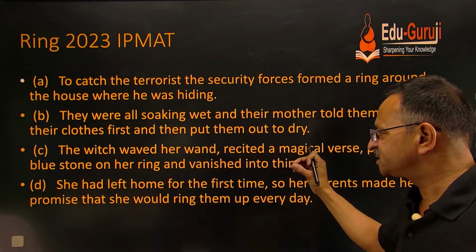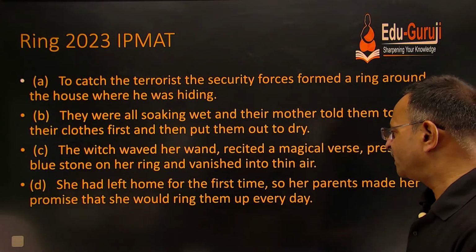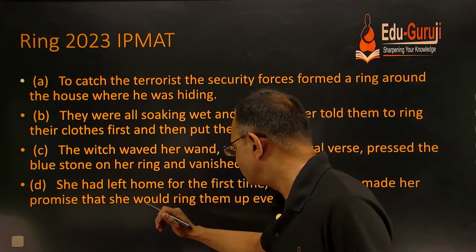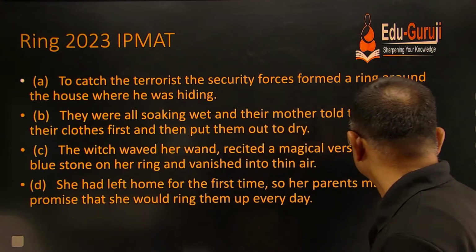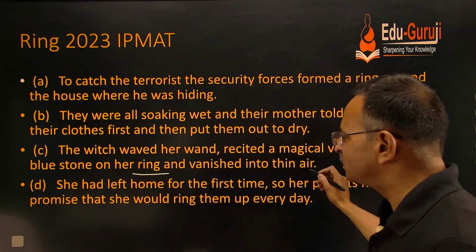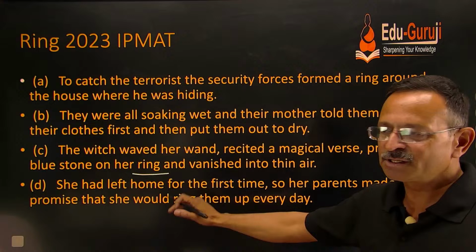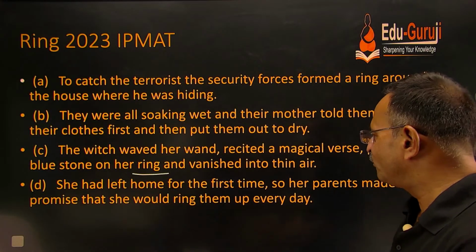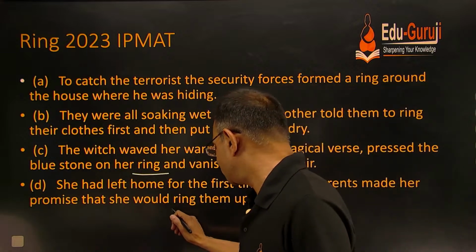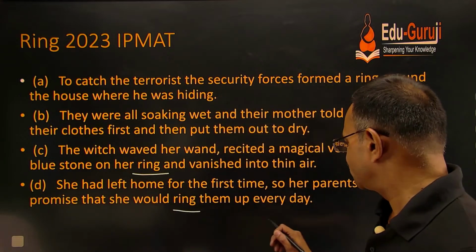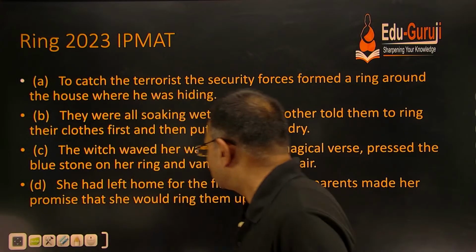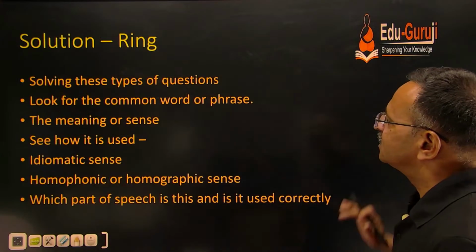The third is, the witch waved her wand, recited a magical verse, pressed the blue stone on her ring, and vanished into thin air. And the last option is, she had left home for the first time, so her parents made a promise that she would ring them up every day. So let's see how we can solve this.